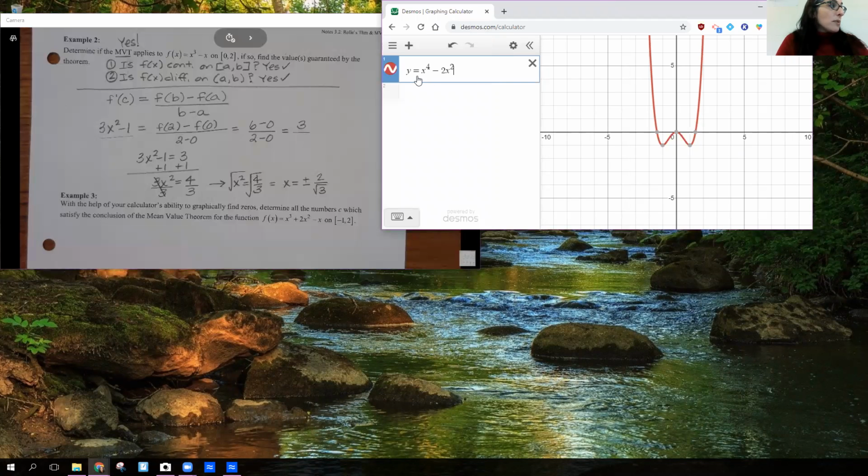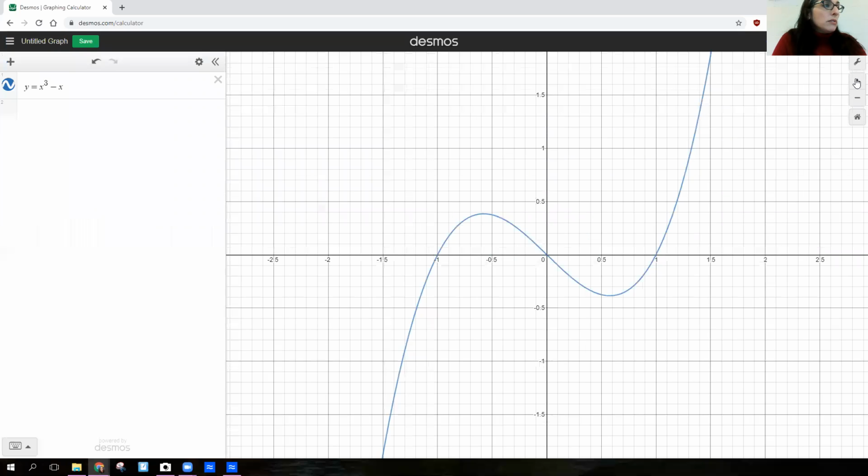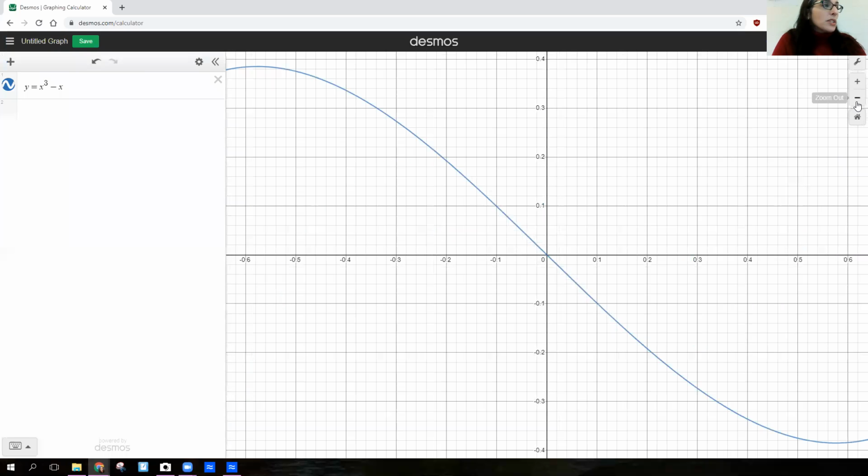I'm hoping Desmos is going to be nice to us and graph it the way I want it to, so it'll look good. So x cubed minus x. Okay, there's your picture. We are only on the interval from 0 to 2. So I am going to zoom it in here. Whoa, that's a little bit too much.